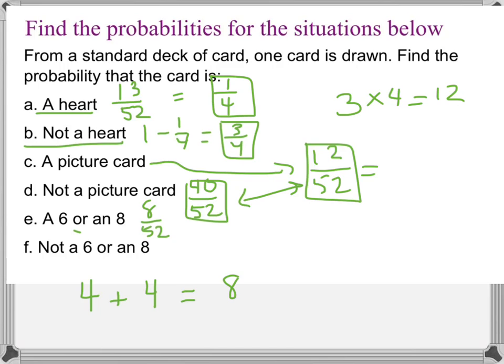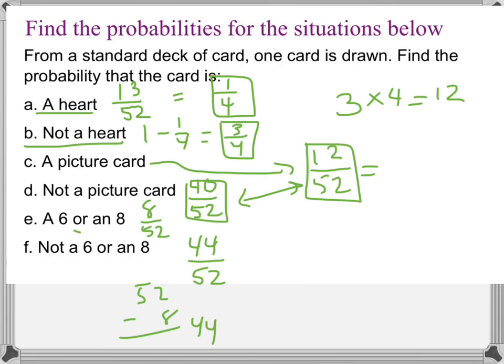Its complement is not pulling a 6 or an 8, so that would be 52 minus 8. There are 44 cards that are not a 6 or an 8, so 44 out of 52. All of these can reduce, I'm just not taking the time to do that.